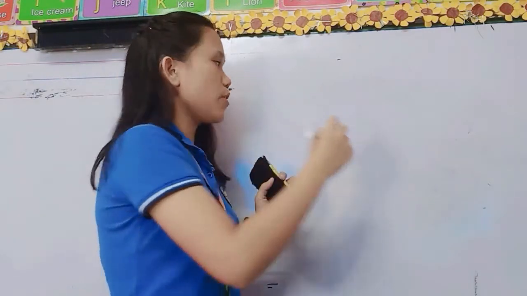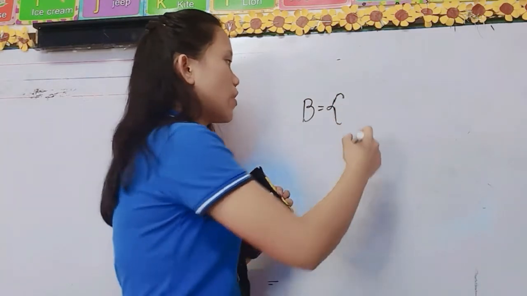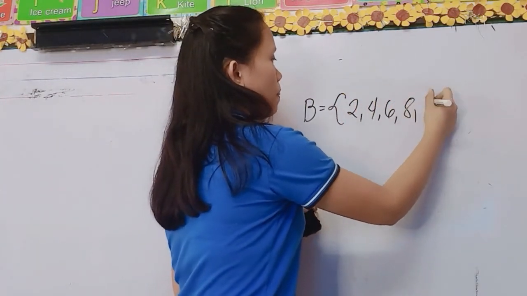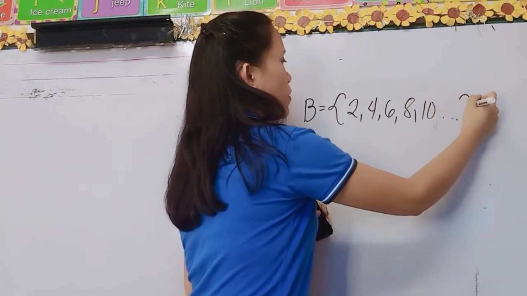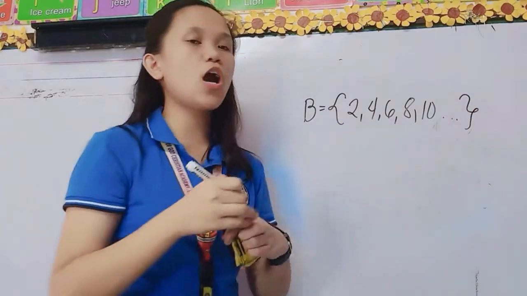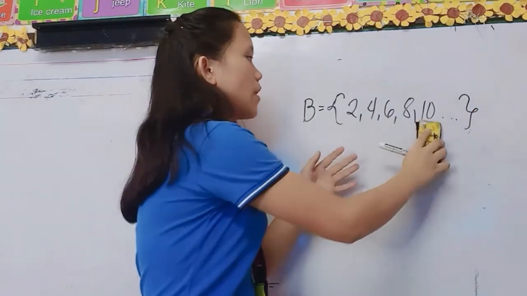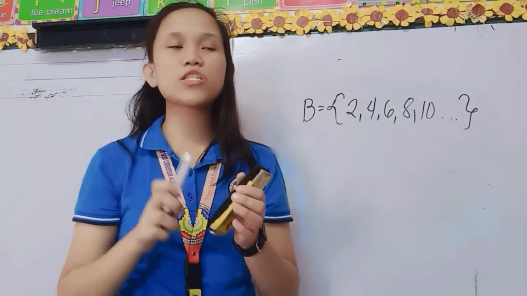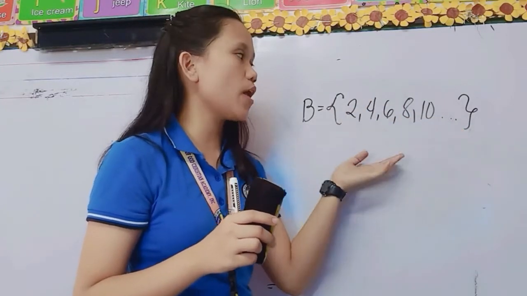Set of even numbers B is equal to 2, 4, 6, 8, 10, ellipsis. So meaning to say, we have lots of even numbers, so we cannot write all of them here. So that belongs to an infinite set because there is no last element, walang hangganan. There are so many even numbers.